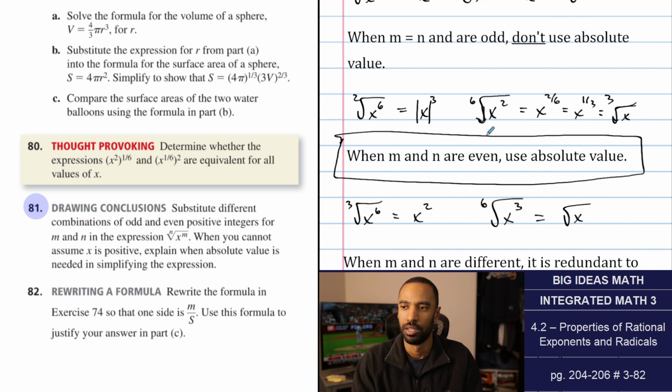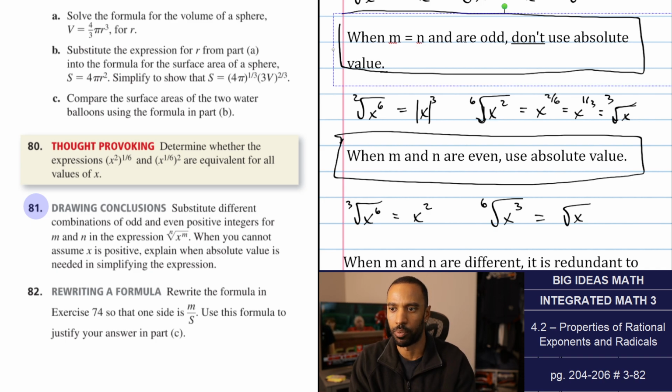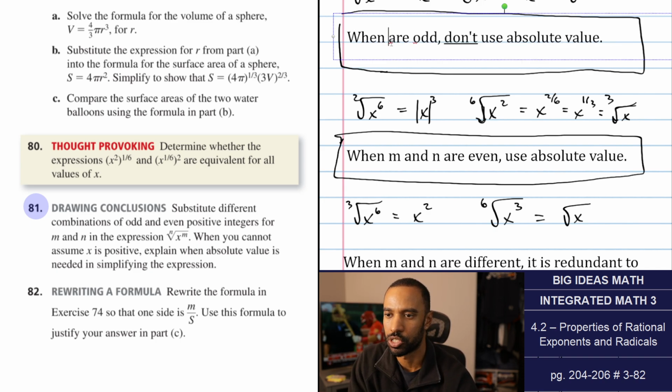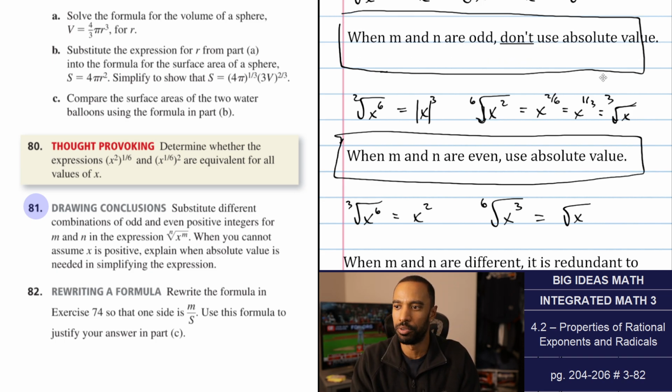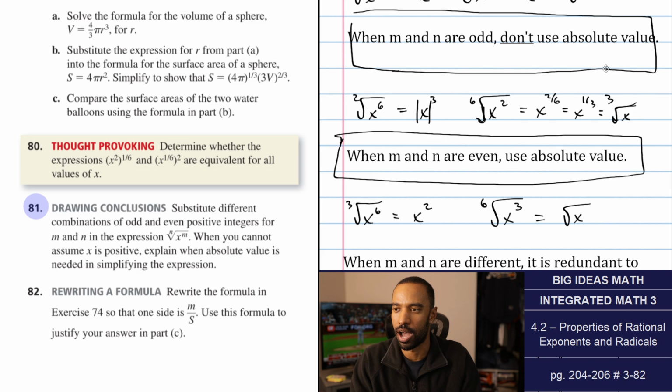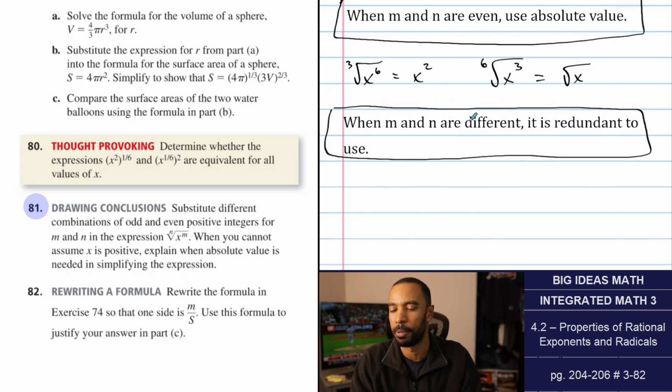So don't use absolute value here. They don't need to be equal, by the way, when m and n are odd. I'm really just working on them. I'm working up my own version of this. So when m and n are odd, don't use absolute value. When they're even, use absolute value. When they're different, it's redundant to use absolute value. So you might as well just not.